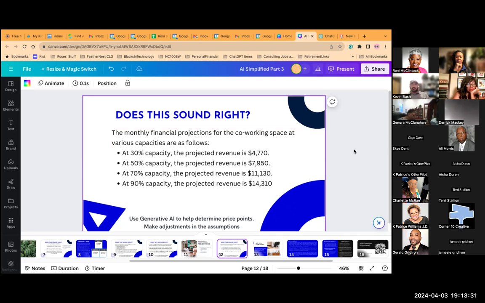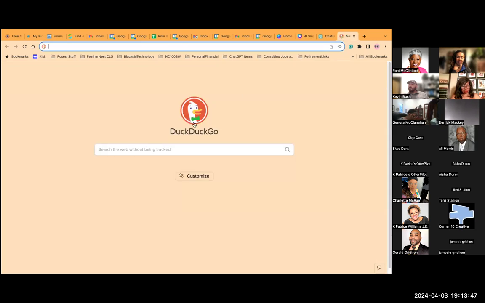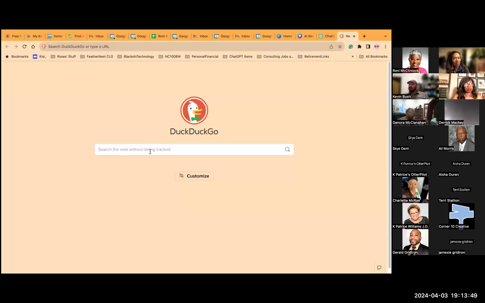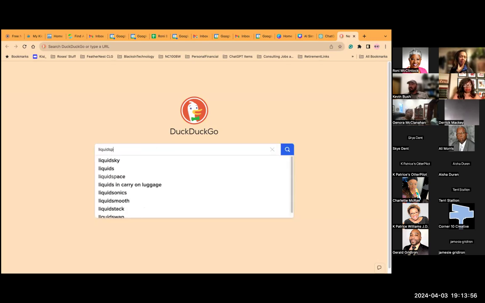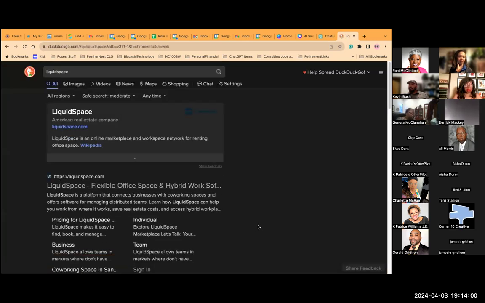Liquid Space and Peerspace, those are the two top ones, but there's a bunch of them. I was on like 12 platforms. It's a platform that anyone can use. If you're looking for a place to host a meeting, or you want to do a photo shoot, or have a baby shower or things like that, you go to these places.